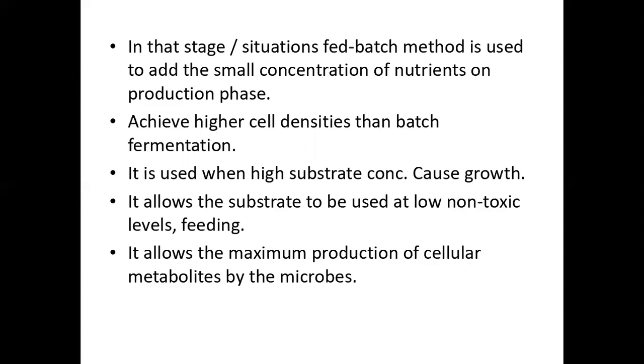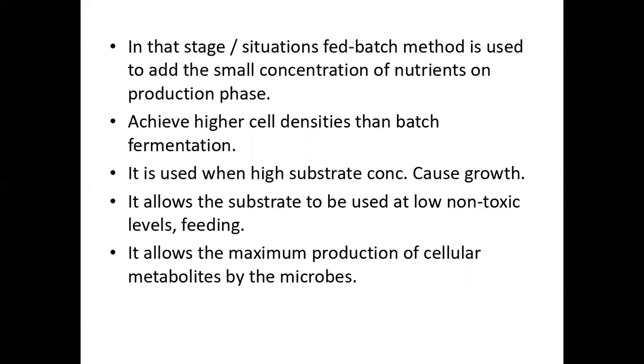It is used when a high substrate concentration causes growth problems. As we have discussed, fermentations are of different types and microorganisms are of different types, so different conditions are required for the production of different products. In some cases, a higher concentration of nutrients may trigger higher production of products.